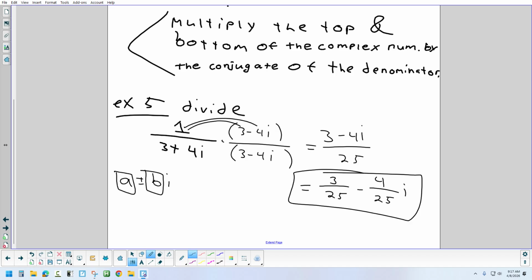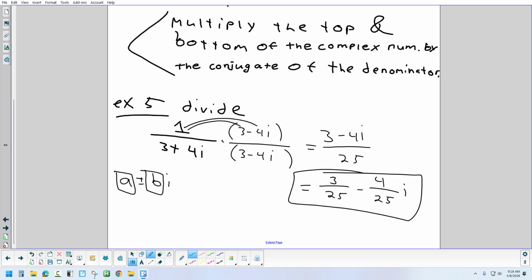So what you do is you take each number in the numerator and then you put it over the 25 separately. Any question on that?